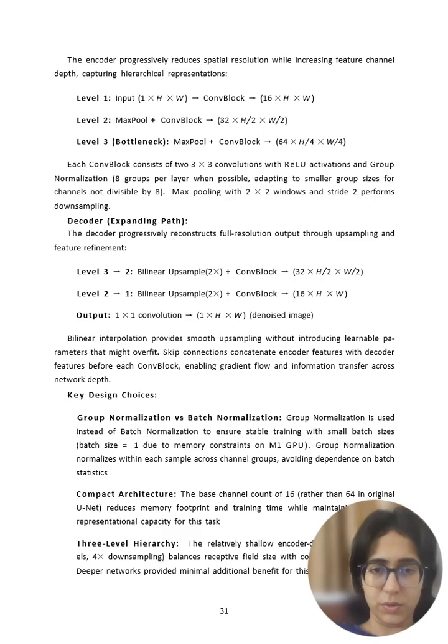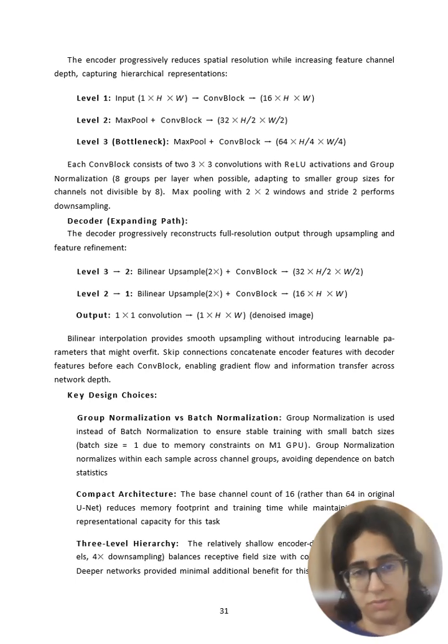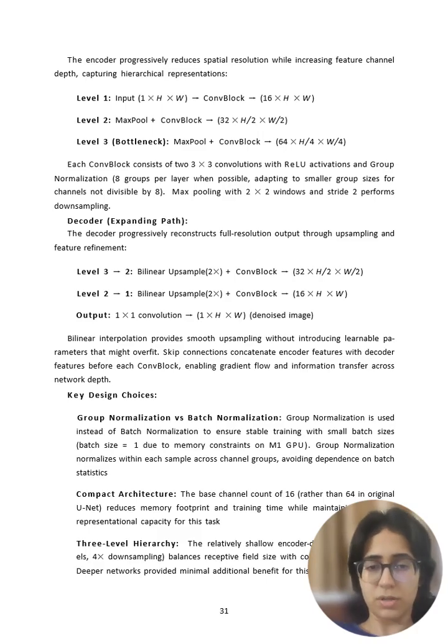So in level 1, we saw that the input was 1 cross H cross W. The image was a 2D image, and there was no component in breadth, so we have considered only height and width. It converts into a convolution block that is 16 cross H cross W, and now the H and W are going to be decreased subsequently in each step. In level 2, the dimensions are 32 cross H by 2 cross W by 2, and in level 3 it is 64 cross H by 4 cross W by 4.